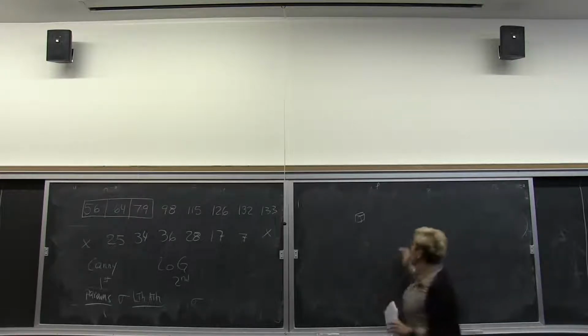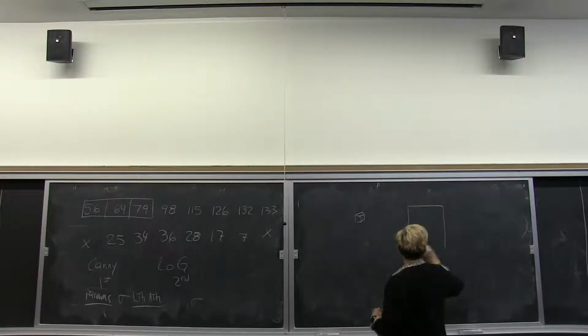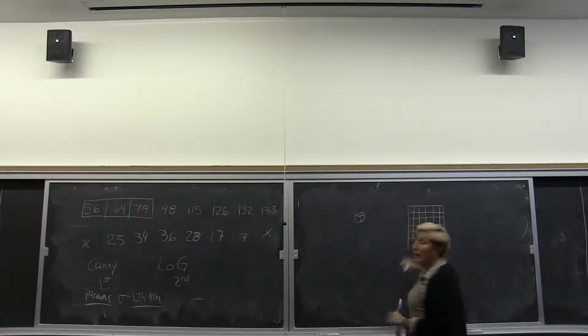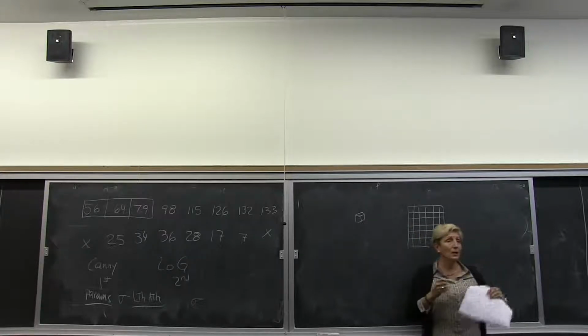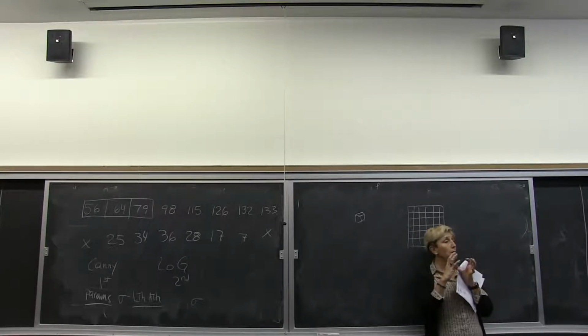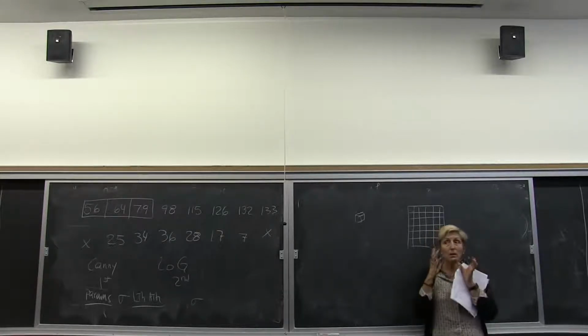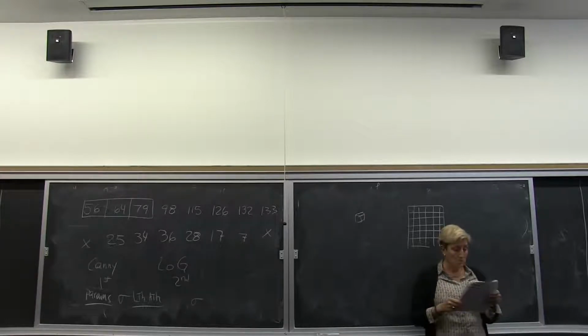Instead of an image that's an array of pixels, now I have an image that looks like a Rubik's cube. It's a bunch of little cubes, one on top of each other, making a big cube. Okay, that's my 3D image.